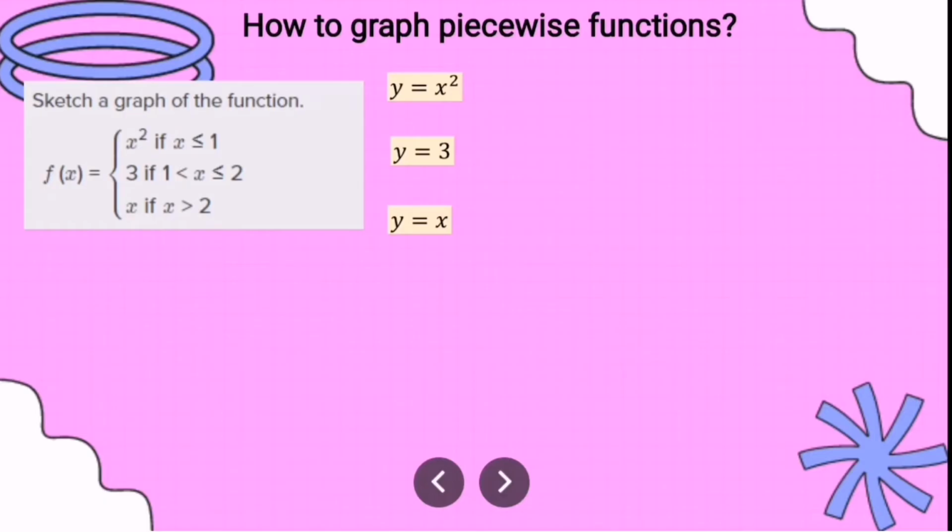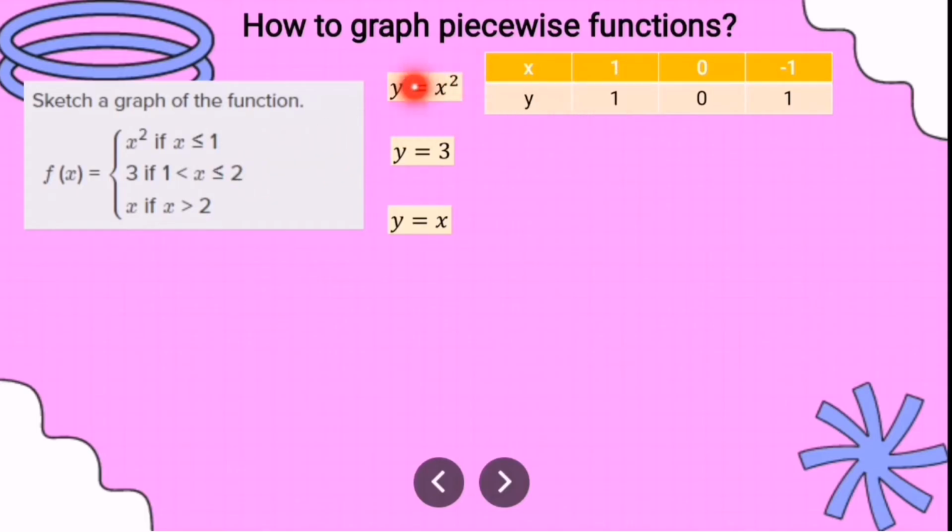So, for all 3 of these, we're going to have to draw a table. For example, in the first equation, if we have to make a table for the first one, remember, you must always include the value that is given to you. For example, in the first equation, we have x is less than or equal to 1. So, we will include positive 1.